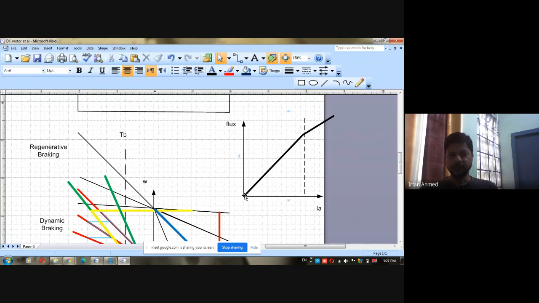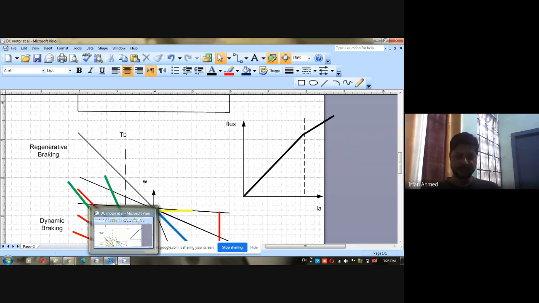So what we do is we assume that the magnetization characteristic, the characteristic between the flux and the armature current, is a straight line. That means we are neglecting the saturation.